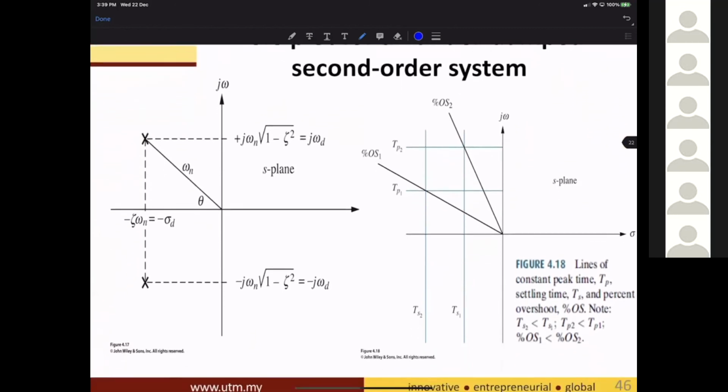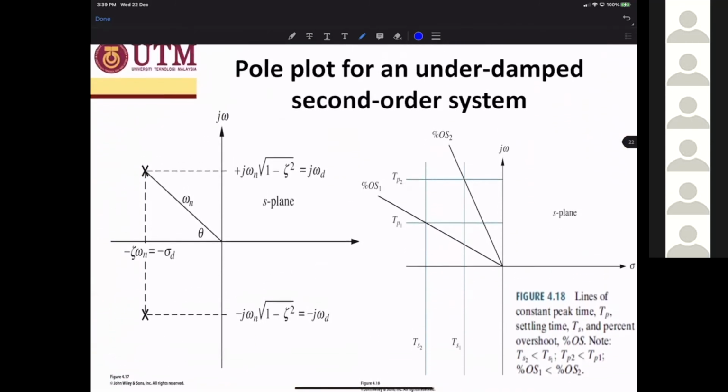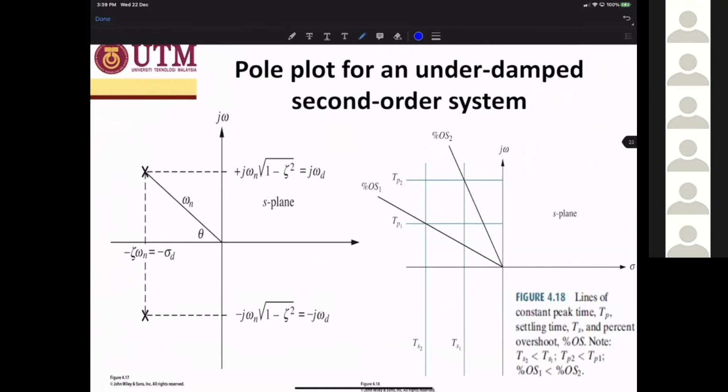This can be represented by this S-plane for complex conjugate poles. The length between the origin and the complex conjugate pole is omega n.